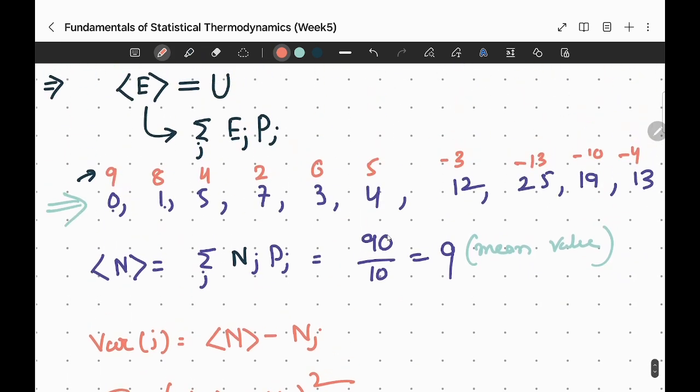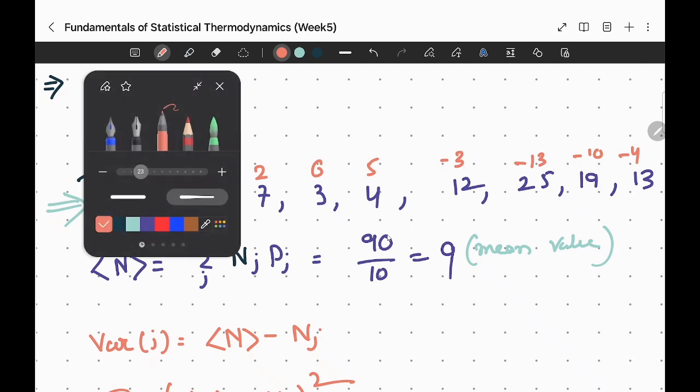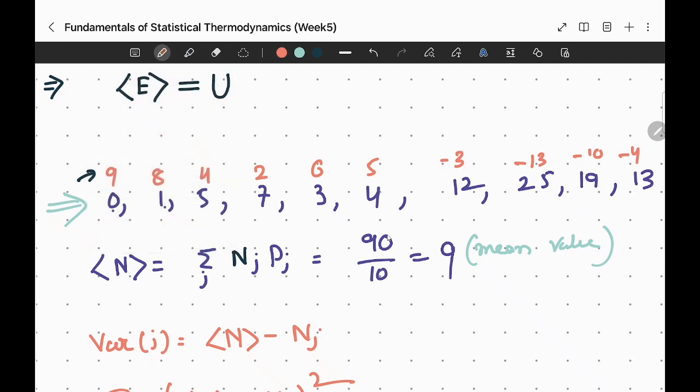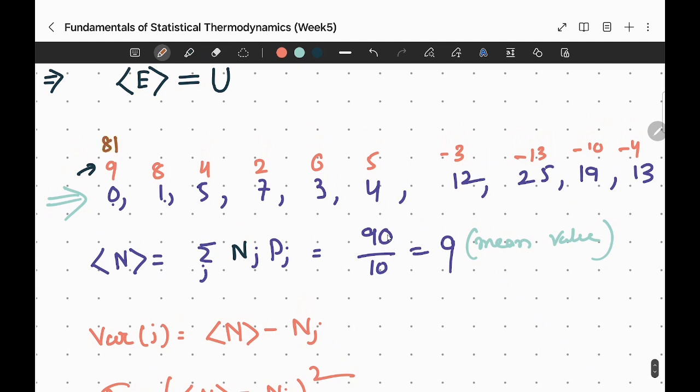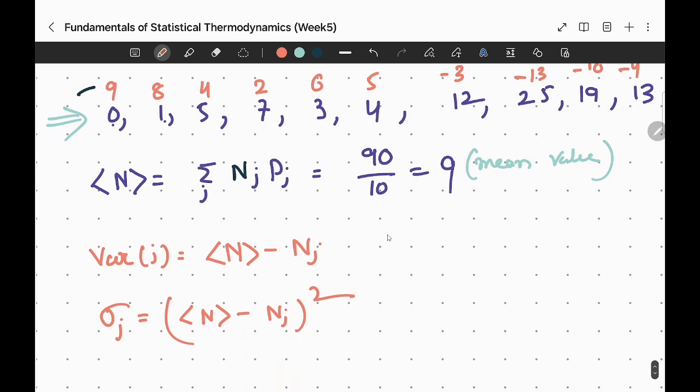Just write the standard deviation. For the first case, what is it? Sorry, 81. Then 64. So you can calculate it, right? It will be positive for all cases. So this is the standard deviation.